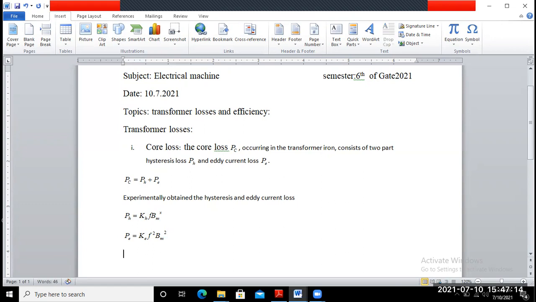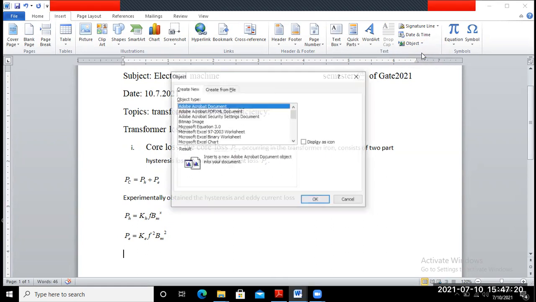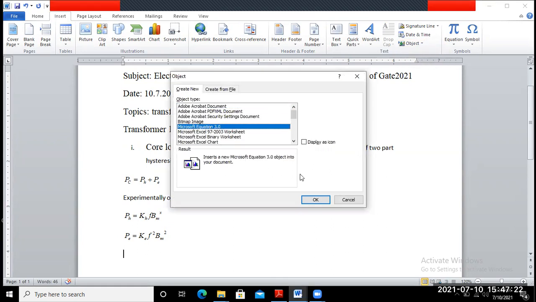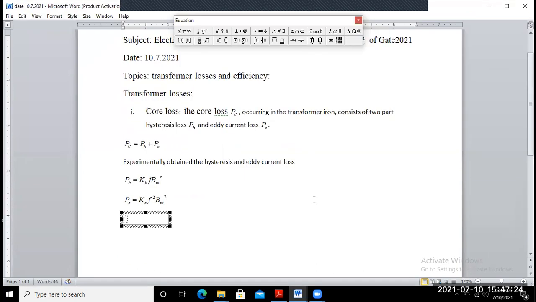So kh is equal to the proportionality constant.